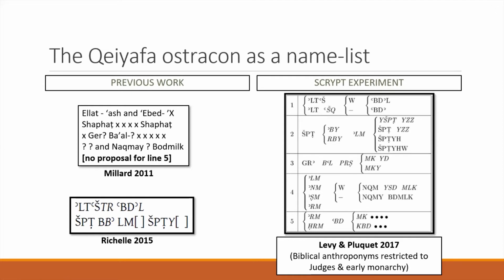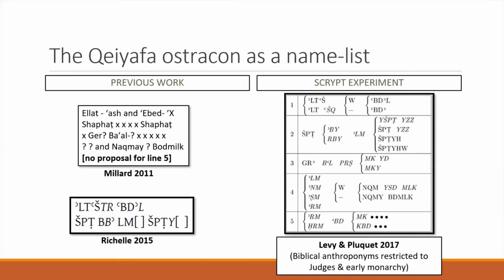We even were harder on ourselves than Millard and Rollston, because I said, okay, this is an ostracon from the 10th century, so I'm going to restrict myself to masculine names that are biblically attested either in the period of the judges or of the United Monarchy. So really the early periods.